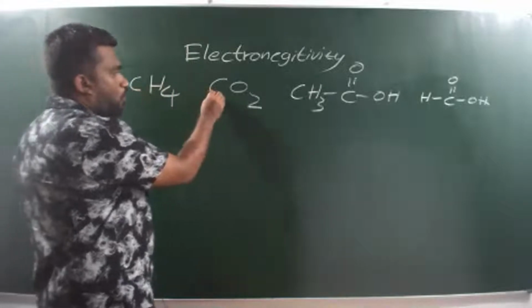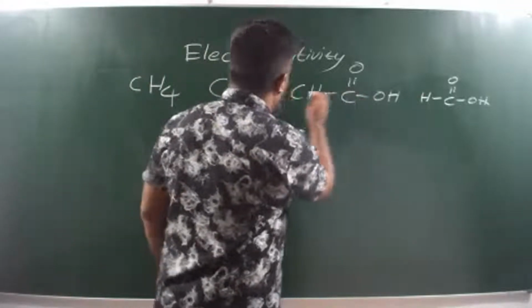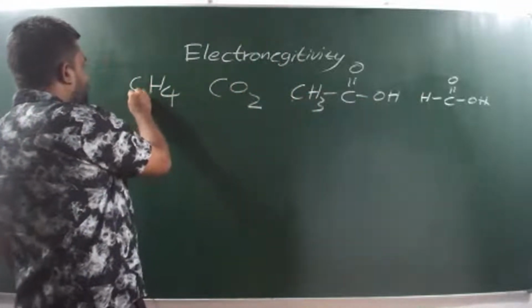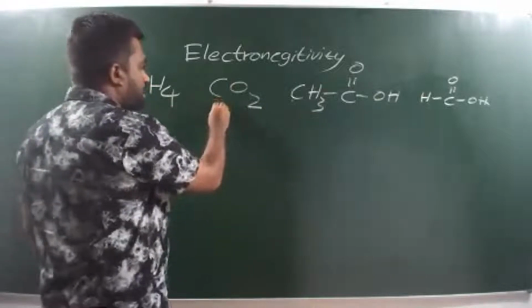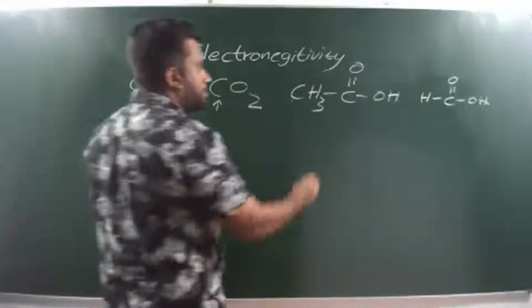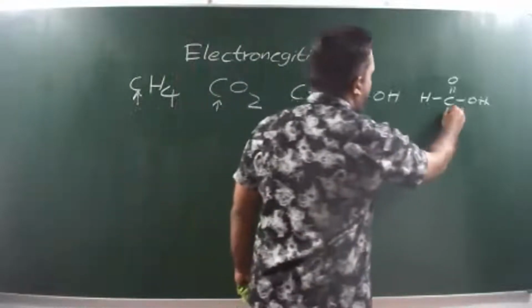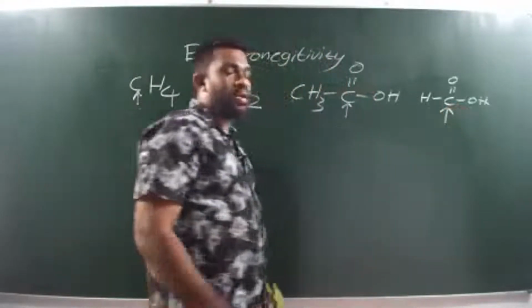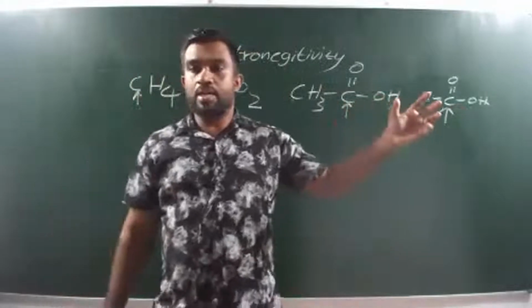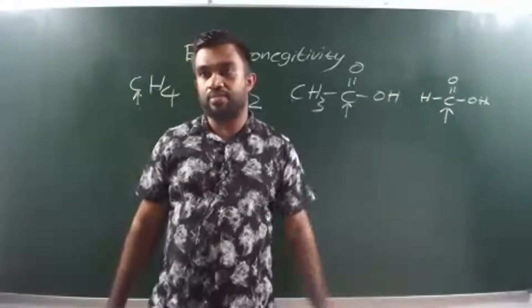Now in here, all the center atoms are carbon. In here, carbon is the center atom. In here, again, carbon is the center atom. In here, again, carbon is the center atom. Now we cannot use the previous theory on that.